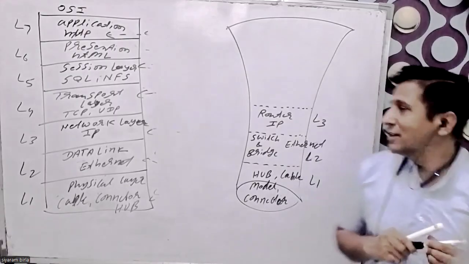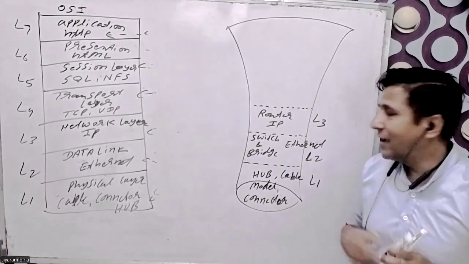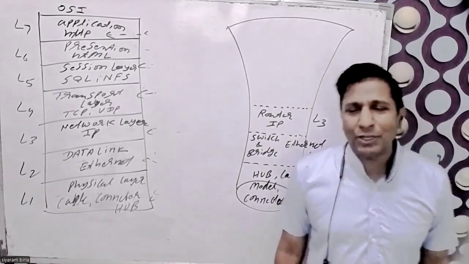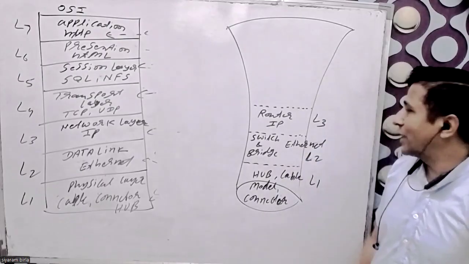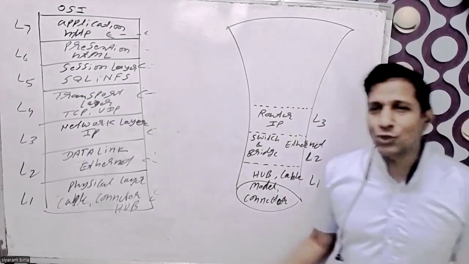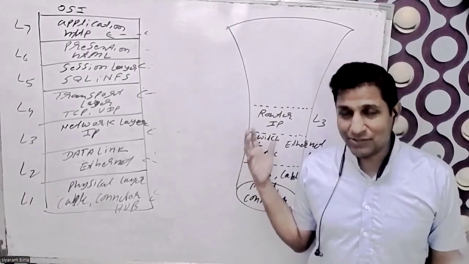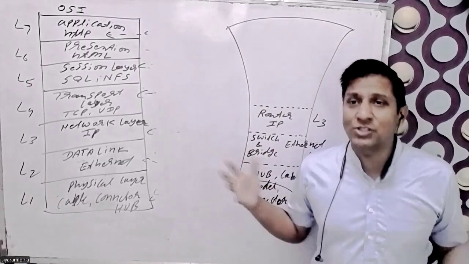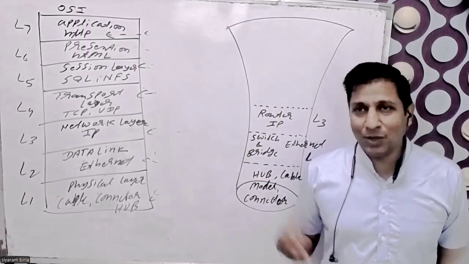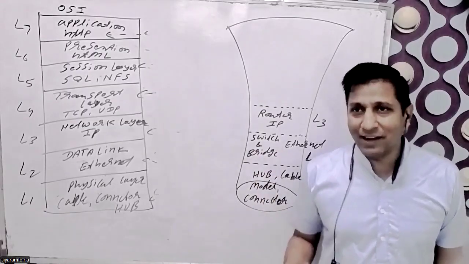So the router works at layer 3 and the IP protocol comes into the picture. IP is responsible for logical delivery.